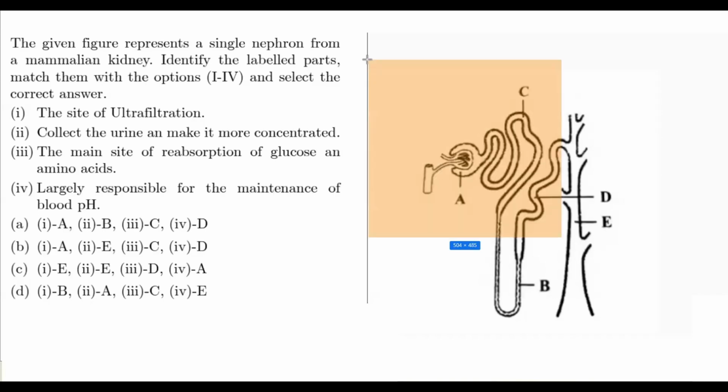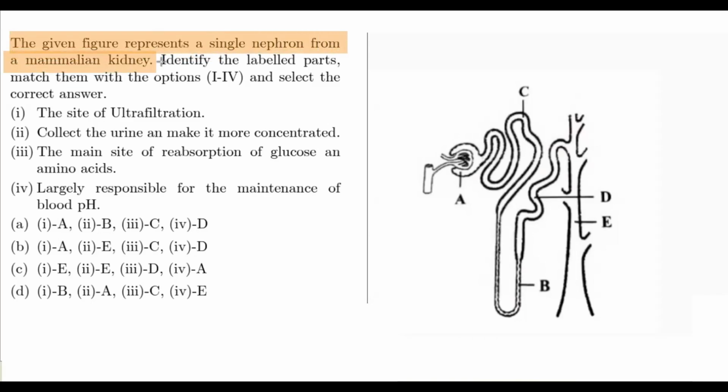In this question from the chapter Life Processes, excretion part, it says a given figure represents a single nephron from a mammal kidney, that is a human kidney. In this case, we have to identify the labeled parts and match with the options given here. Now, first they are asking for the site of filtration.